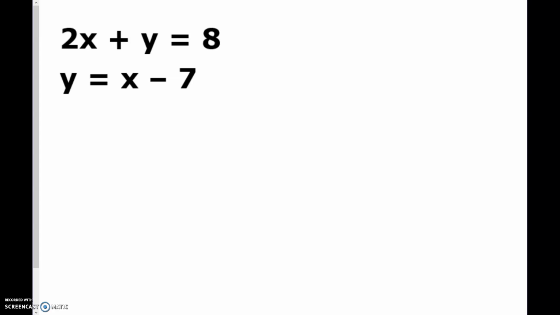All right, in this one, one equation is solved for y and the other equation is not. But we still know what y equals. So this y right here can be replaced with x minus 7, because they are equal values. So I'm going to rewrite this equation, 2x.